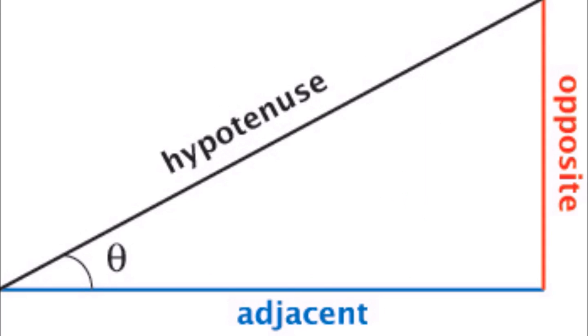From angle theta, the side opposite angle theta will be the opposite, then going down from that will be the adjacent, and then of course we have the hypotenuse.